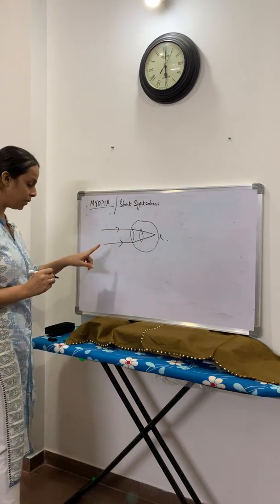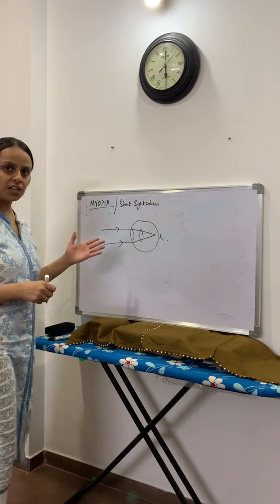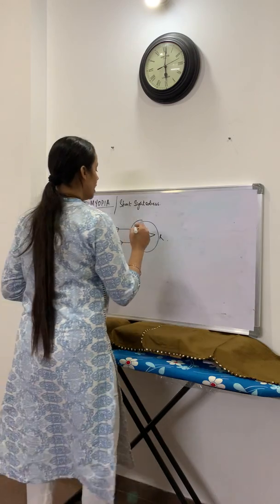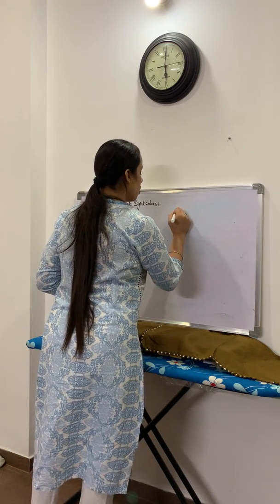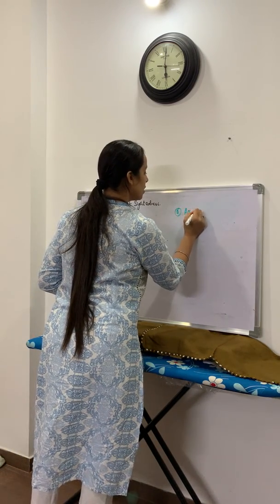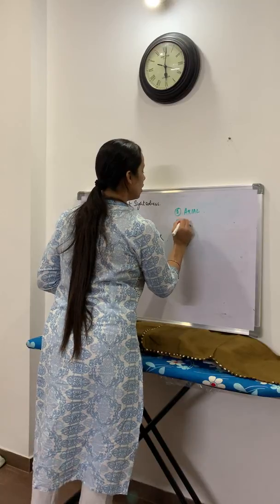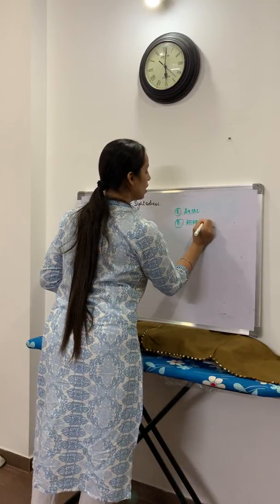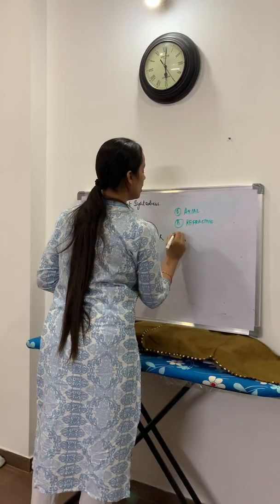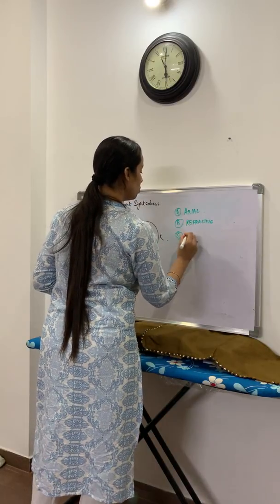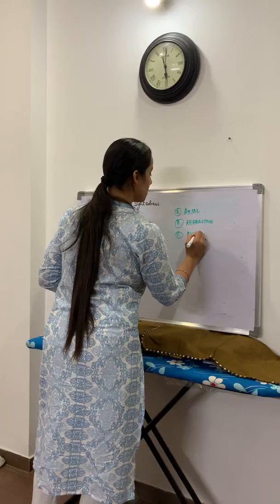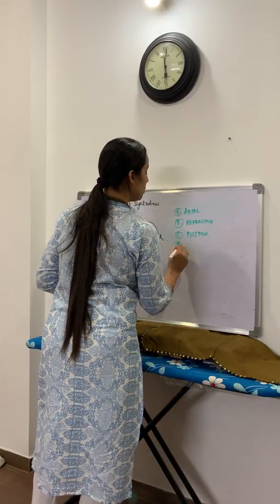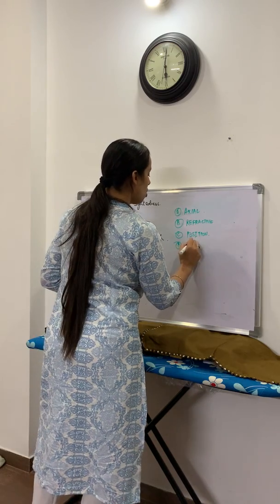So why is this happening? In the beginning of my lecture, I told you that when the conditions are not ideal, it can either be of an axial category, it can be due to a refractive category, or it can either be due to position, or this might happen if the accommodation is more.